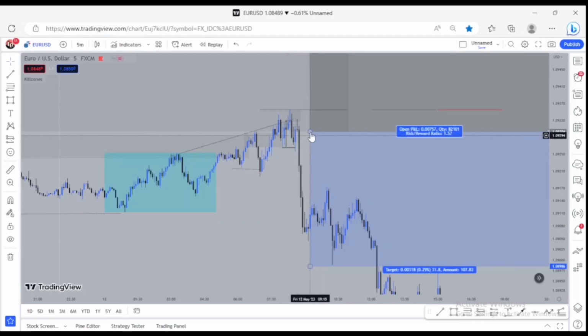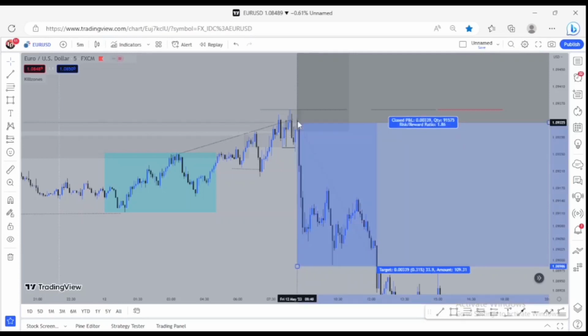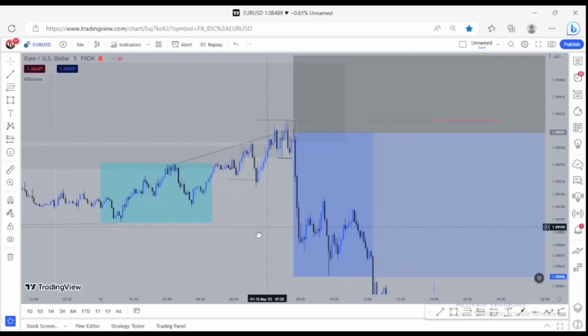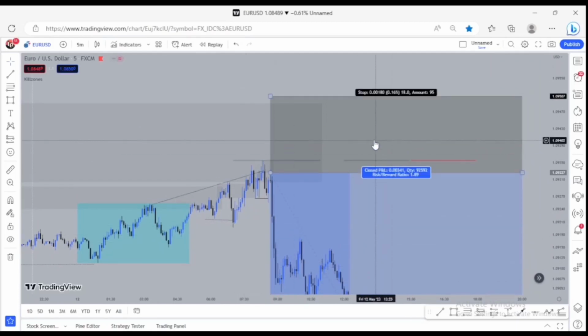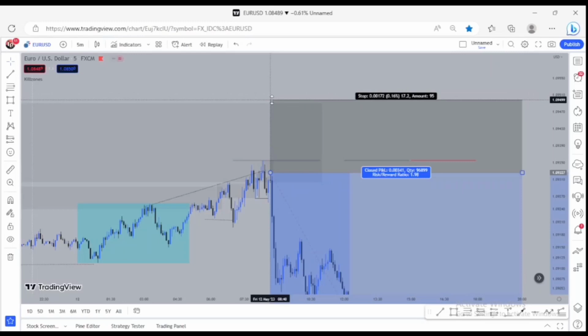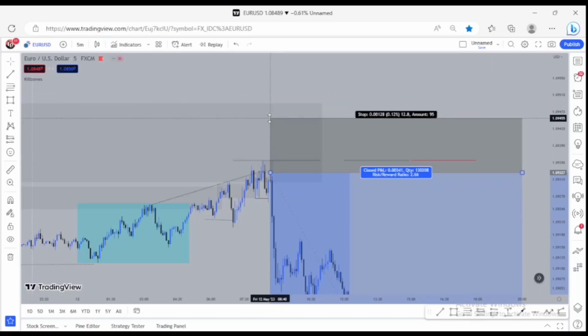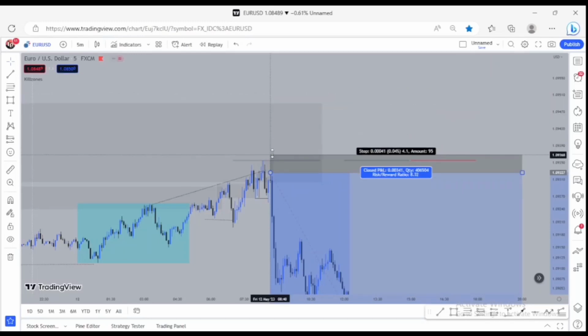Please wait for a confirmation before you trade from any zone. This is a kind of confirmation of this trade. So that will make me not risk about 20 pips. I'll be going down to put my stop loss above this zone, about 5 pips stop loss.